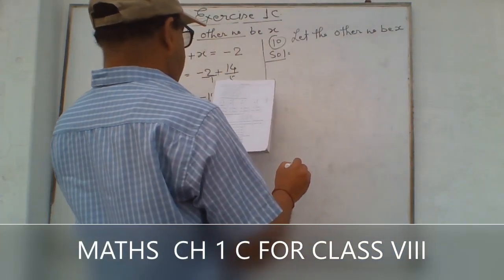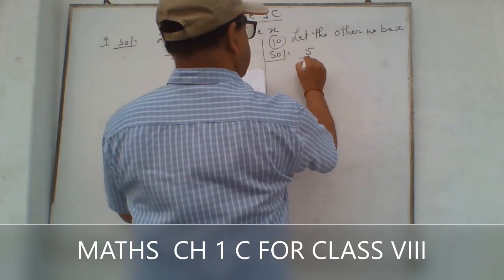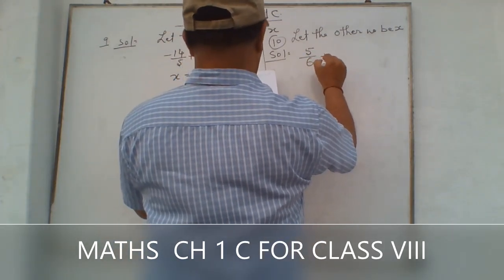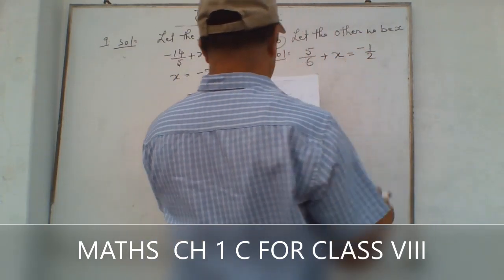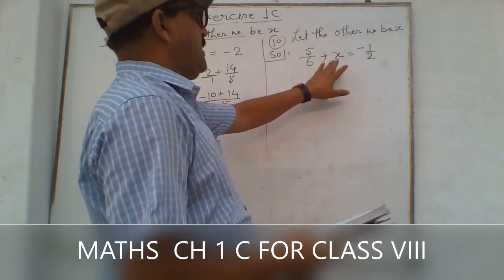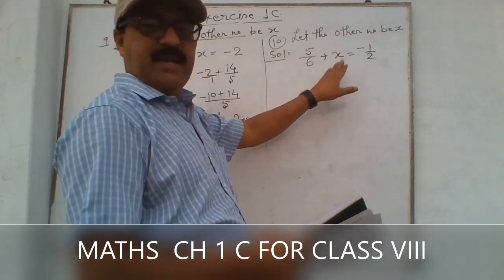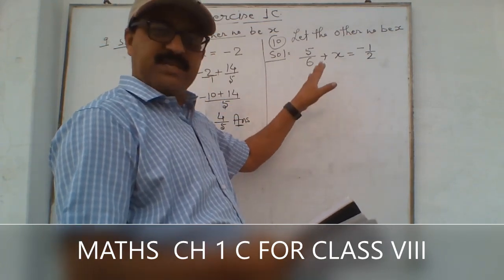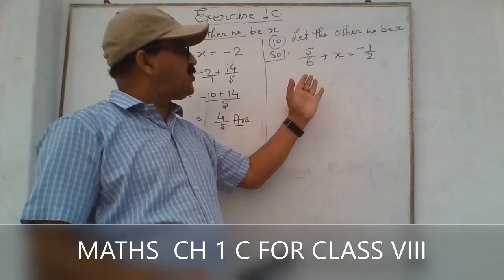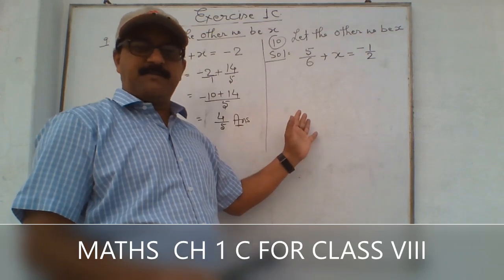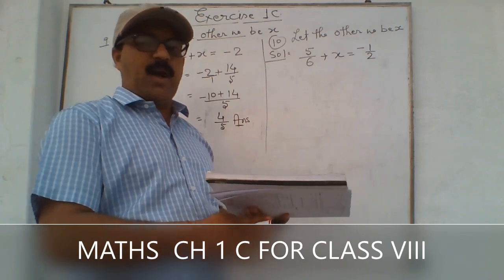So the given number is 5 by 6 plus x is equal to minus 1 by 2. You will solve these questions at your own level, and wherever you have a problem, write the problem in the comment box. I will explain all these questions as per your requirement.